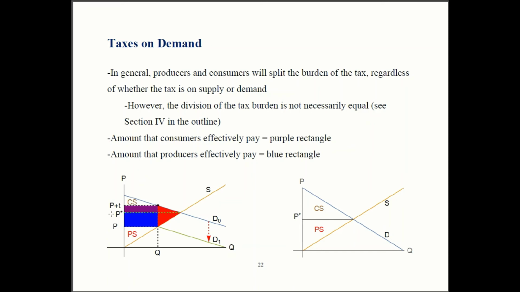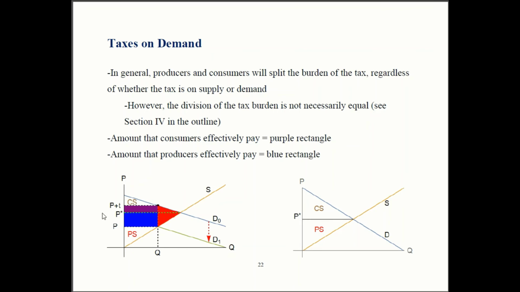When you put the tax in place, we said that prices fall because demand falls. Consumers are happy about that. Unfortunately, though, consumers don't just pay that price, they also pay the tax. So overall, consumers pay P plus T. So that amount is higher than what they were paying originally, P star.